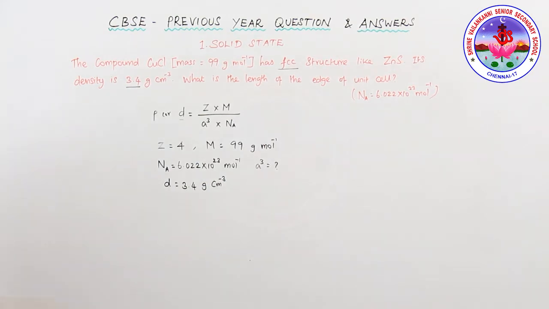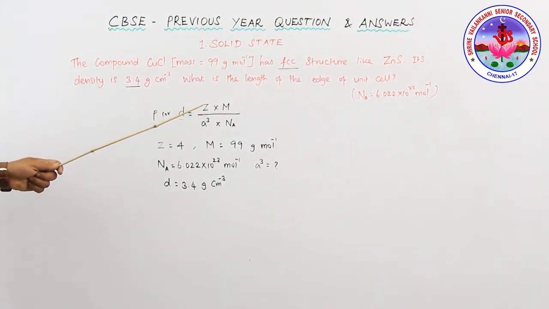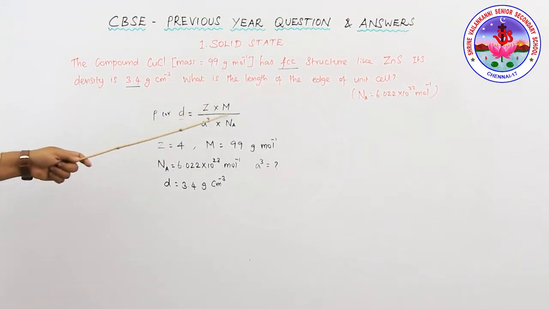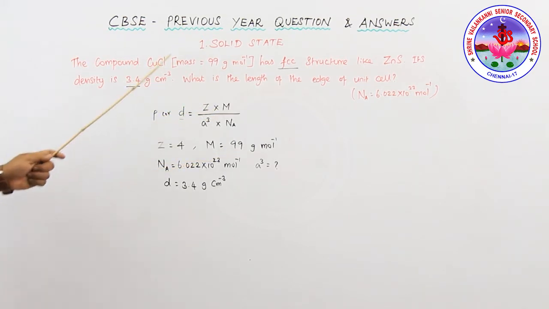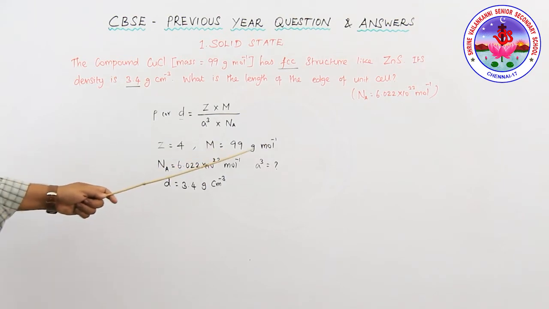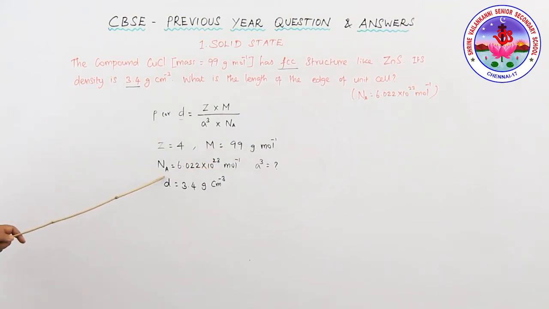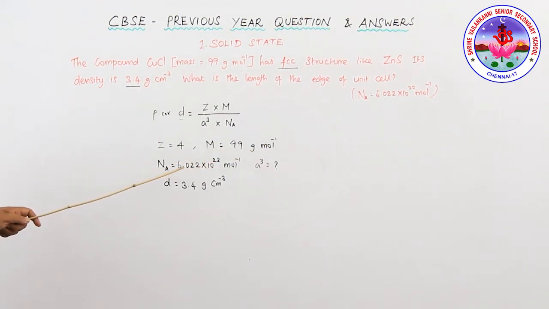Z is the number of atoms per unit cell, that is 4. M is molar mass of copper 1 chloride, that is 99 gram per mole. Then Na is the Avogadro constant, that is 6.022 into 10 power 23 mole inverse, and D is 3.4 gram per centimeter cube.